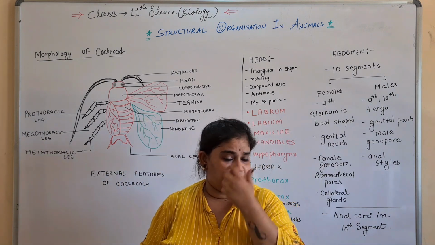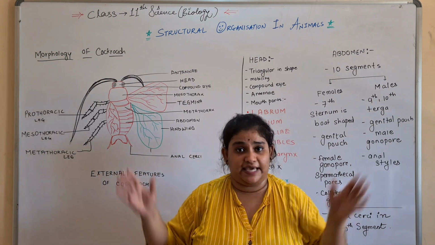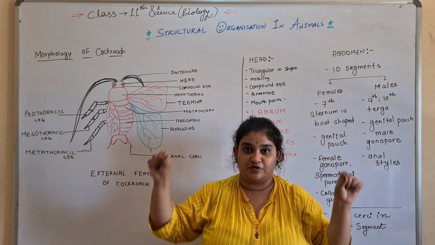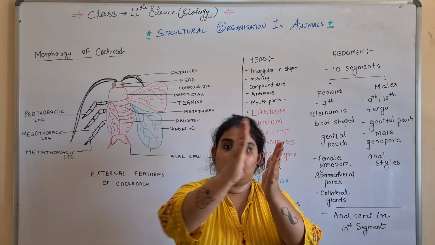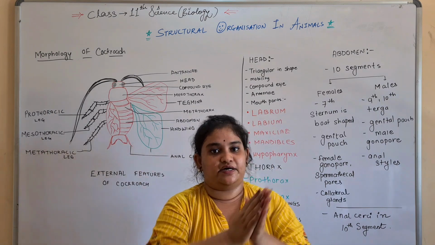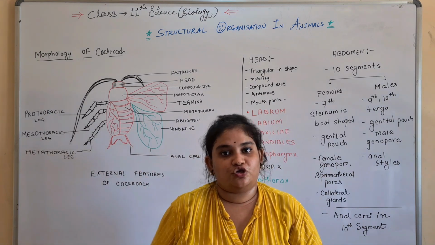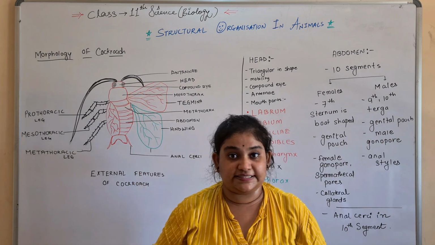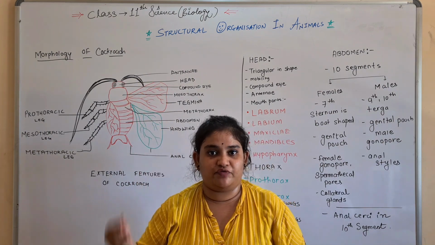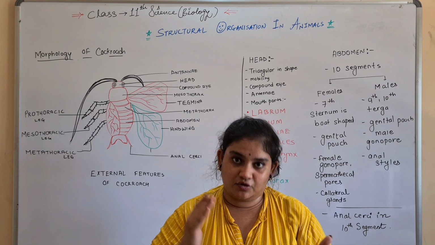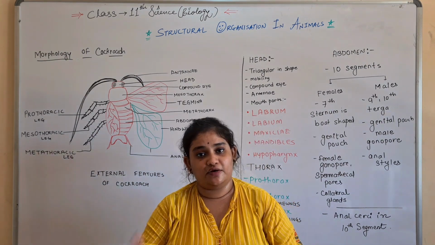Like, for example, if I give you the birds, that is the aves, okay, their bodies are streamlined, designed to cut the air currents and to fly in the direction. Their bones are also hollow so that they can lift the body weight very easily. Similarly, in the fishes, okay, which can cut the water currents and go through the waves in the water.